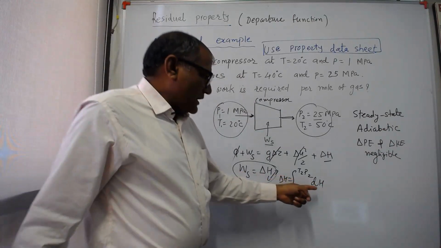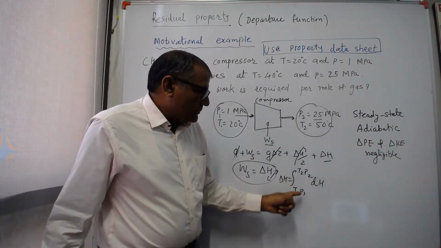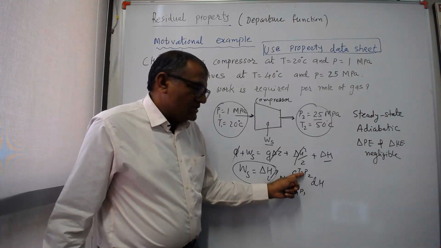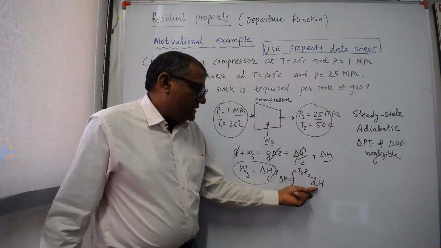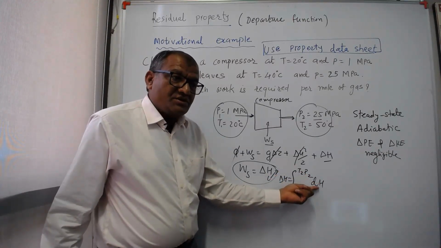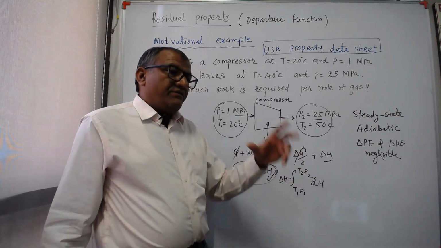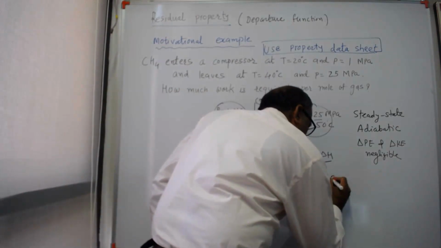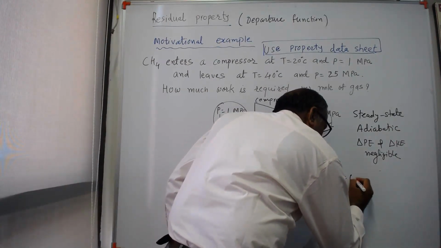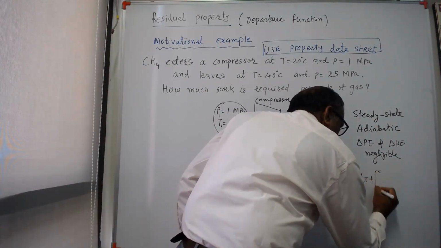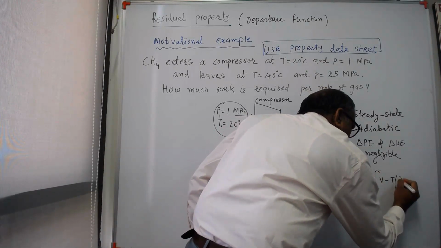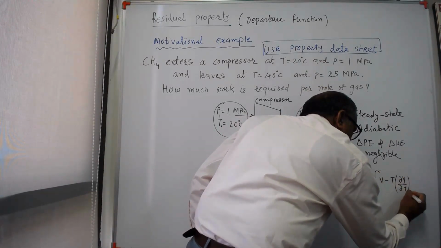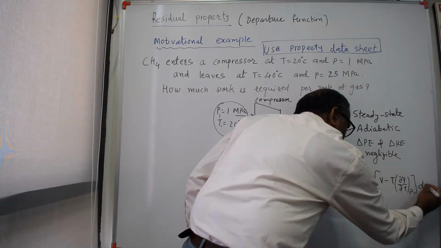I need to know the enthalpy at this state and at that state, and I can take the differential dH from the fundamental property relation. If you remember, the equation for dH is Cp dT plus V minus T del V over del T at constant P, dP.